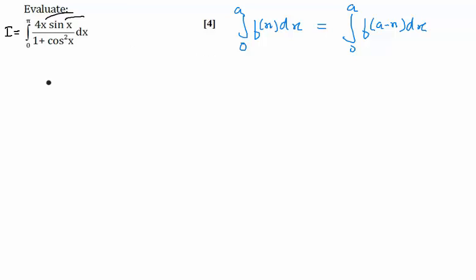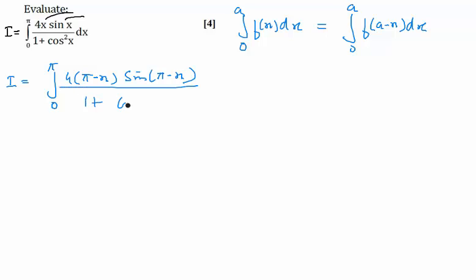Okay, so if I use this property, my I value will also be equal to the integral from 0 to pi of 4 times (pi minus x) into sin(pi minus x) upon 1 plus cos square(pi minus x).